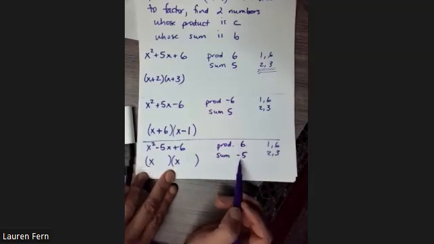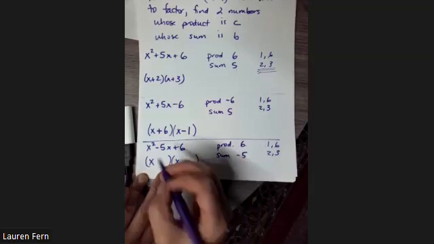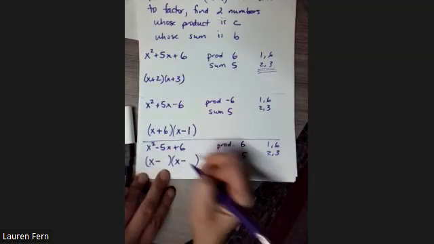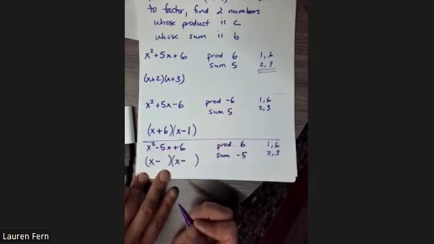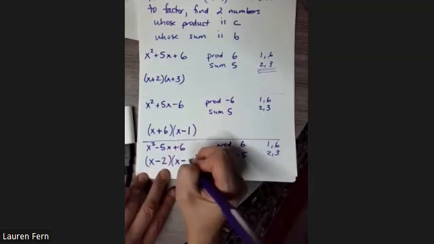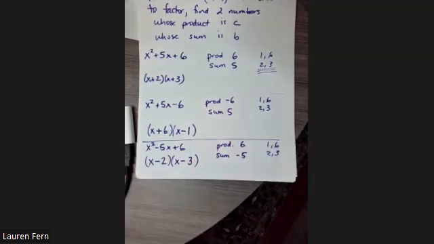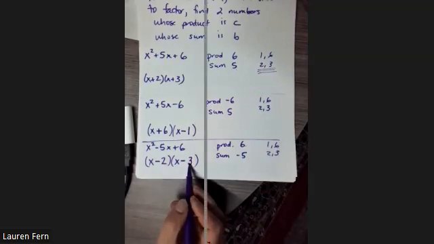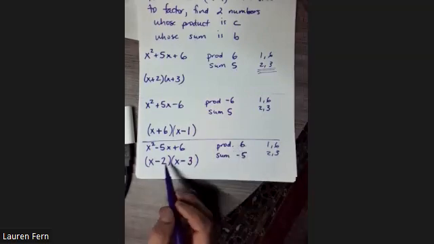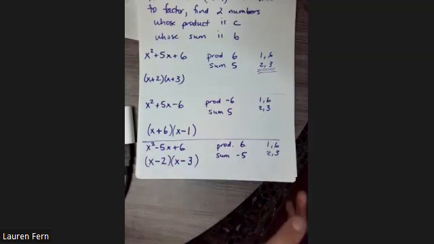In this case, we want to add to a negative number. So the only way this can happen is if both of them are negative. And I claim -2 and -3 work. Notice -2 times -3 is a positive 6, and -2 plus -3 is -5.